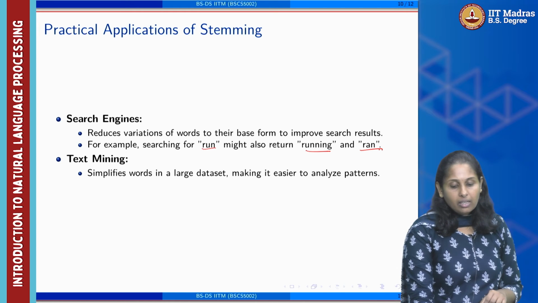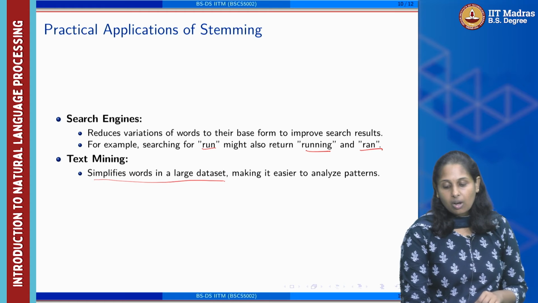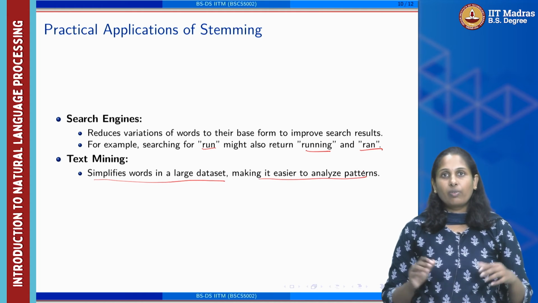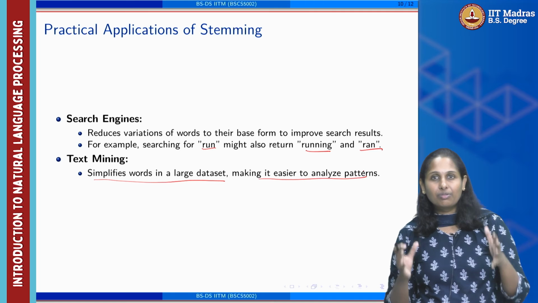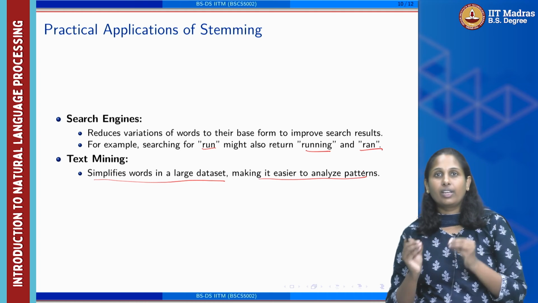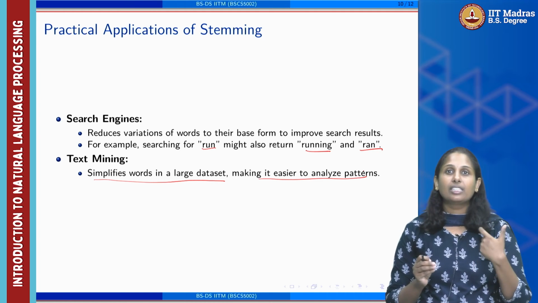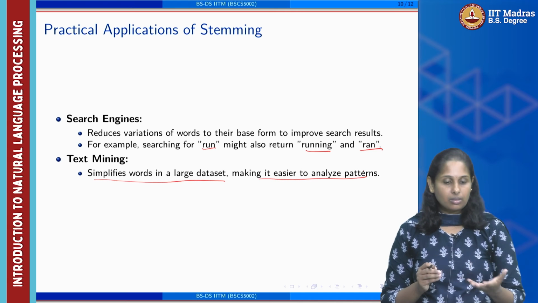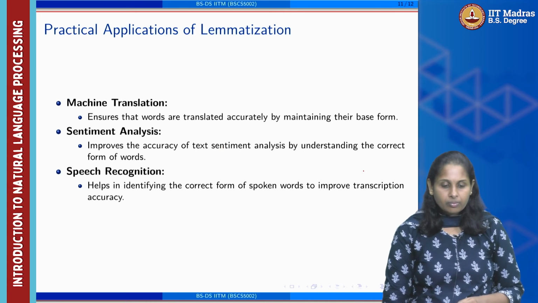And text mining, of course, simplifies the words in a large data set, making it easier to analyze patterns. So when you have a multiple list of words, the types from the tokens are very few. So for identifying the types, we can still use stemming.